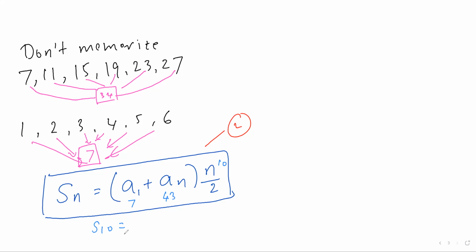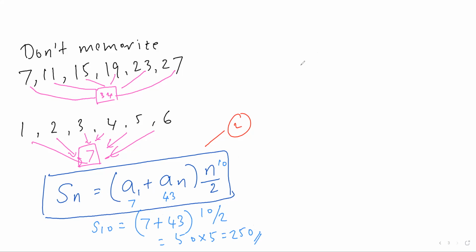So that will be 7 plus 43, times 10 divided by 2, which is 5. So that's actually 50 times 5, 250.